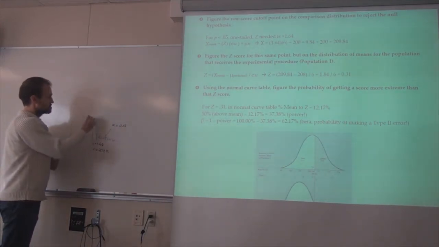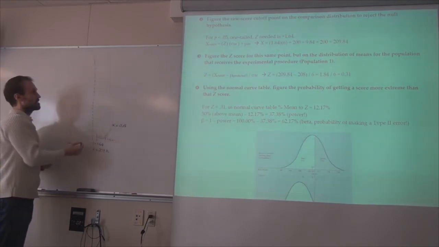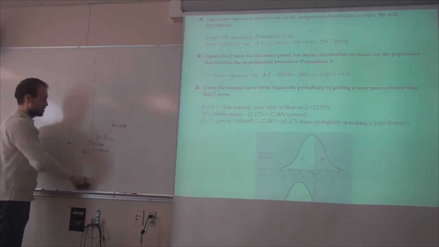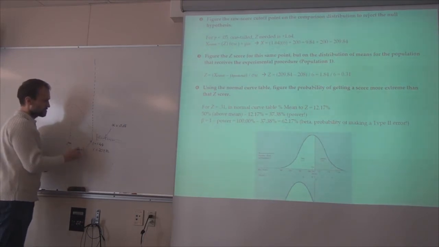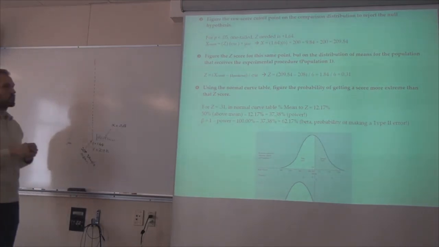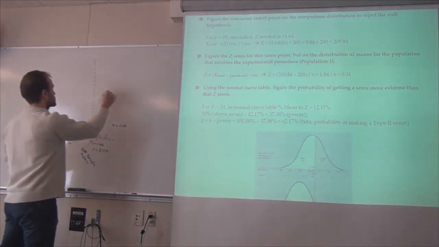This mean is the sample mean that I'll take, that's my 208 sample mean, and that's what I'm going to take as the mean for my shifted new population, population 1.